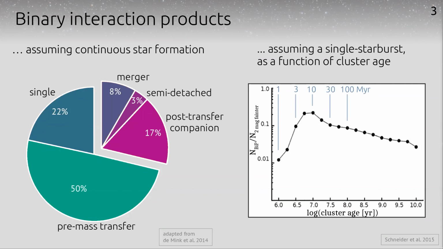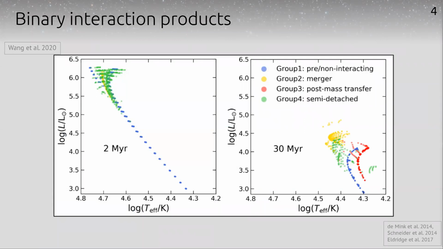And this was even taken one step further very recently by Wang et al., who simulated such an entire population of stars, assuming a binary fraction of 100%. And what they tried to do is try to predict how these kind of stars would look like in a color magnitude diagram or a Hertzsprung-Russell diagram.